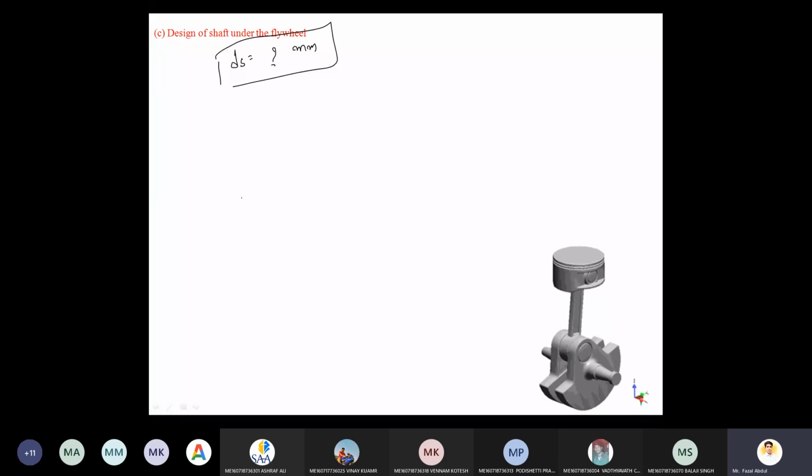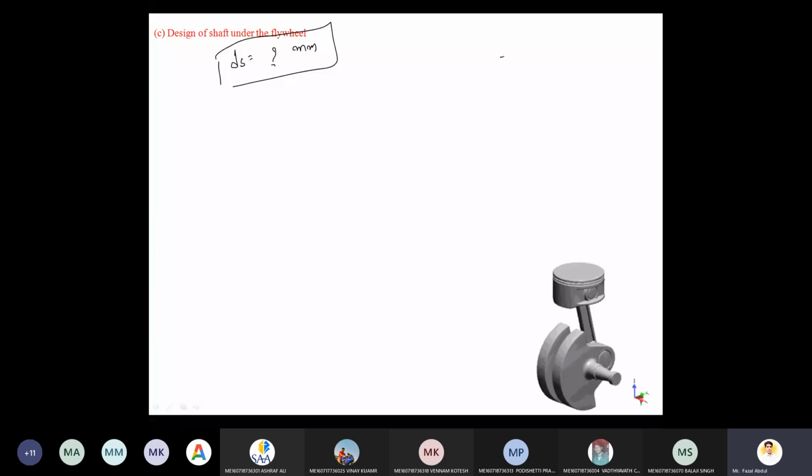Now what is ds here? ds is nothing but the diameter of the shaft under the flywheel, that we are determining now. To calculate this, the same procedure we have to follow. The shaft lying under the flywheel is subject to two different natures of stresses.